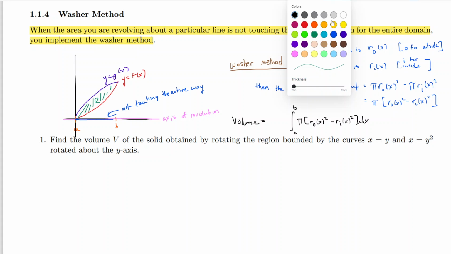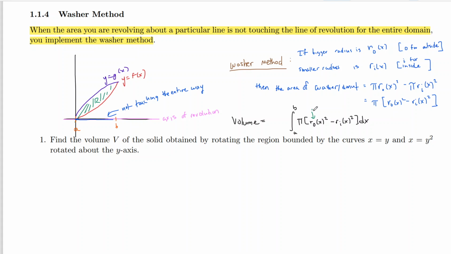But the main thing to remember is that this is the outside, or the bigger radius, and this is the inside, or the smaller radius. So when you draw the picture and you draw your axis of revolution, all you need to do is distinguish which one's outside or farther away, which one's closer, or the inside, and then you plug them in. After that, you're just doing an integral again.